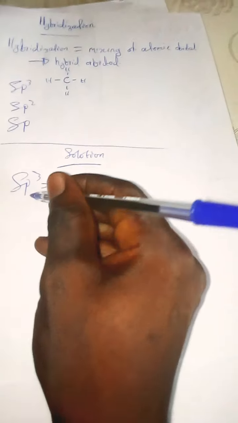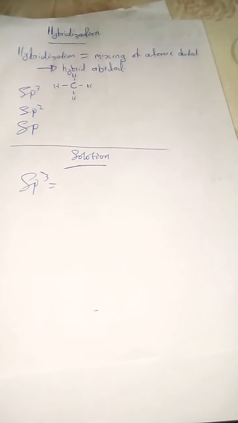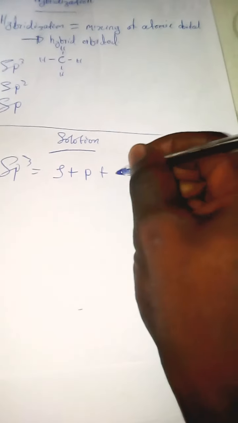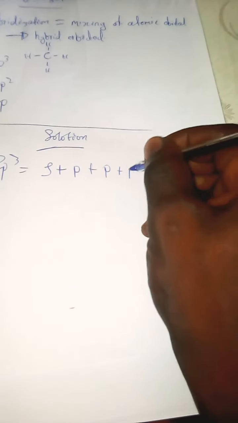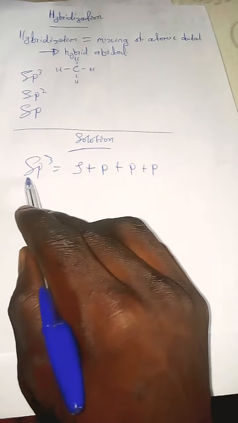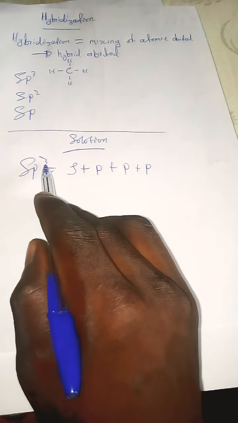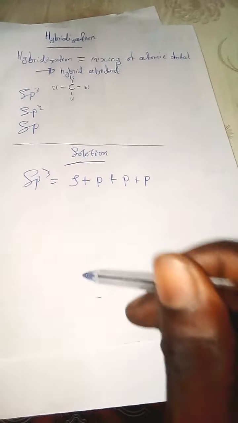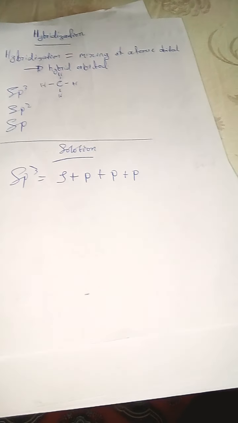We have one s and three p. We have an addition of s plus p plus p plus p. This s stands for the s, and this p stands for the 3p. So sp3 hybridization is the mixing of one s and 3p.